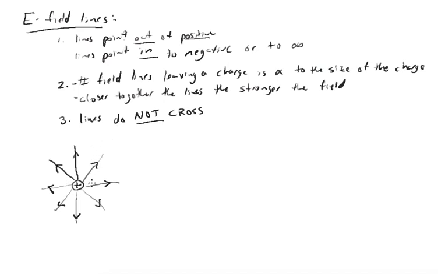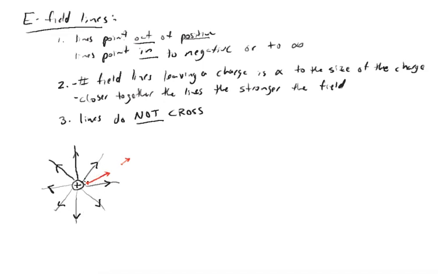For example, if I was drawing the actual electric field at a point, I would know from the equation that the closer I am to the charge, the stronger the electric field is. So at this point I'd say this is a strong electric field, and as I got further out to this point, the electric field would be weaker. And so I'd draw a longer arrow here and a shorter arrow here. Well, I don't have to do that.